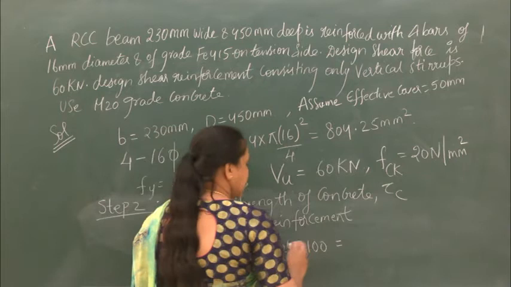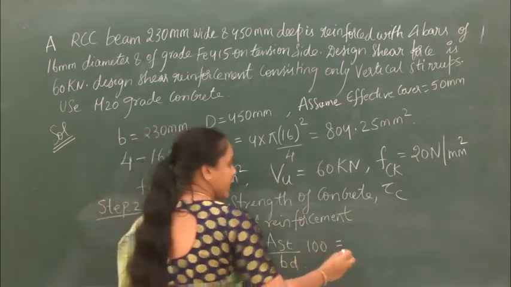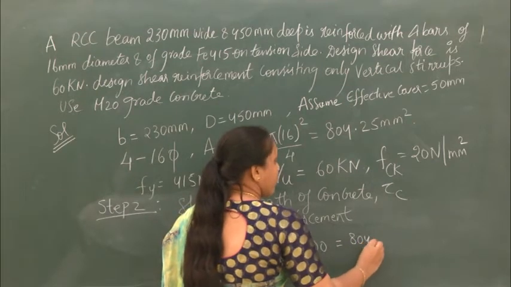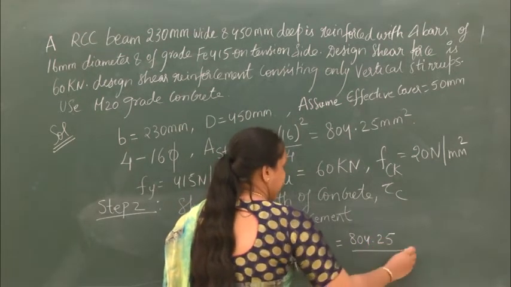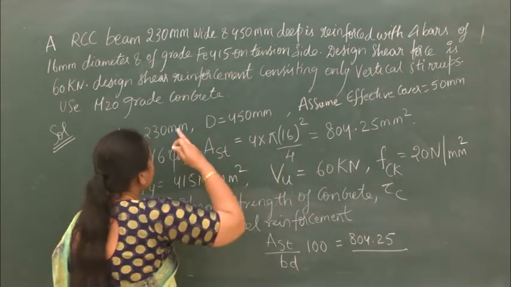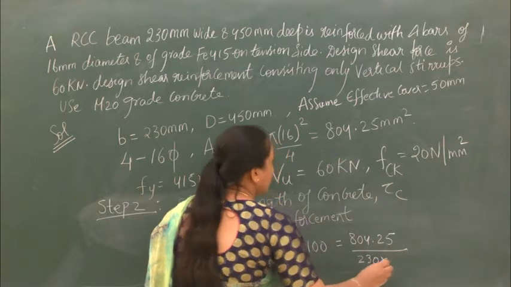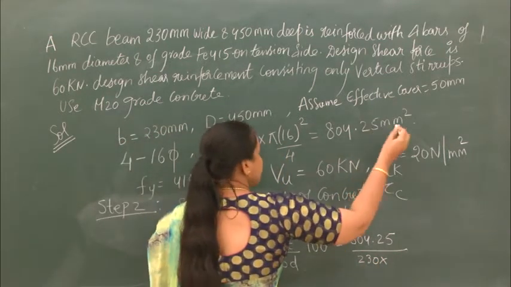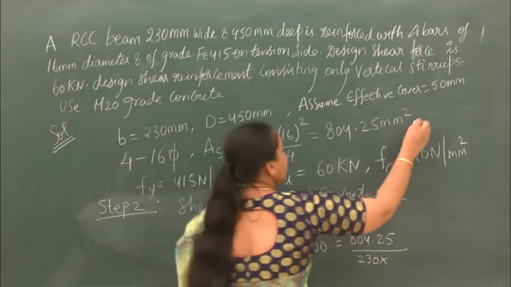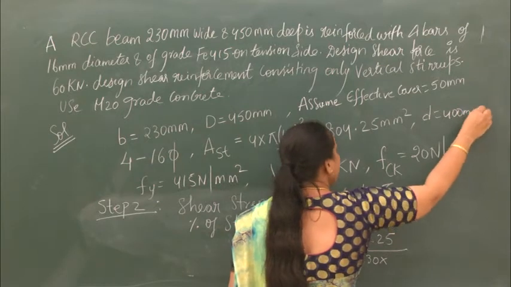So AST is already known here. We have found it out. How much is the AST? It is 804.25 divided by B. B is the breadth, which is 230 mm, into D. What is D here? D is nothing but the effective depth, which we have calculated previously, which is 400 mm.